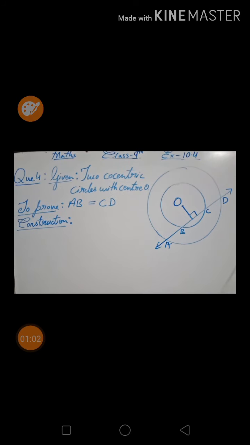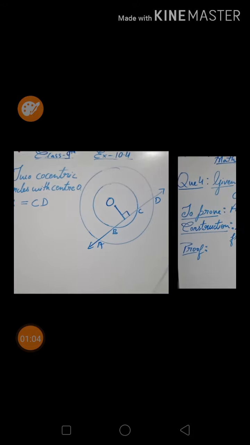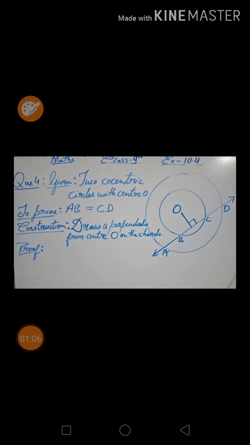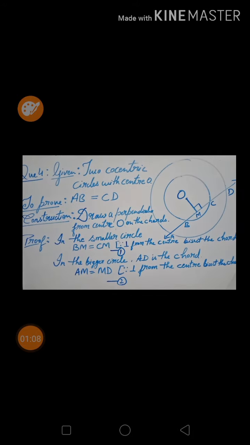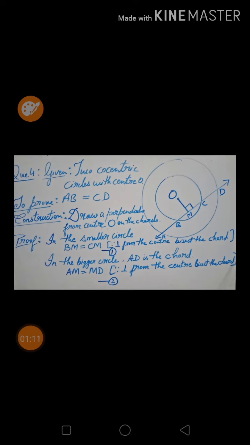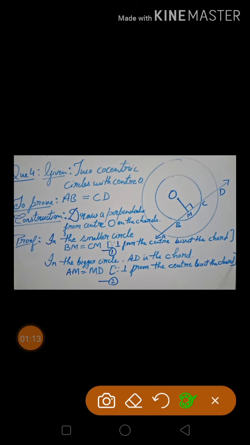Then after we will take the smaller circle, this circle we are taking firstly, and we can see BC is the chord of this smaller circle. This is the center. From O one perpendicular is drawn on BC.